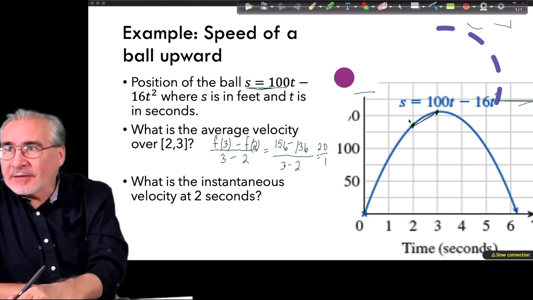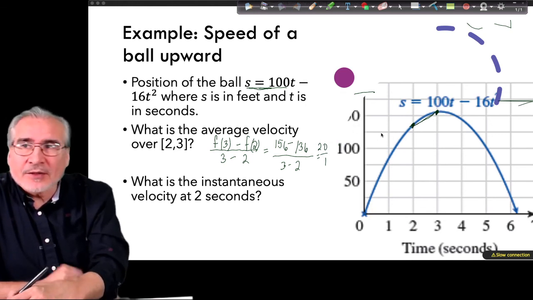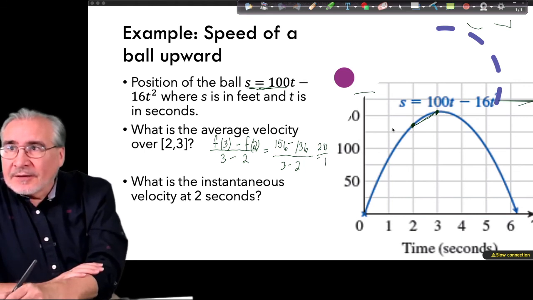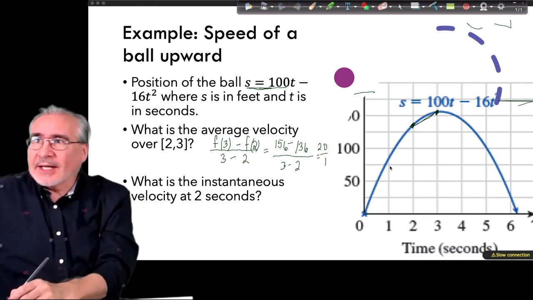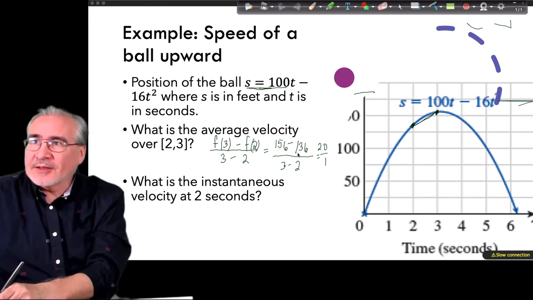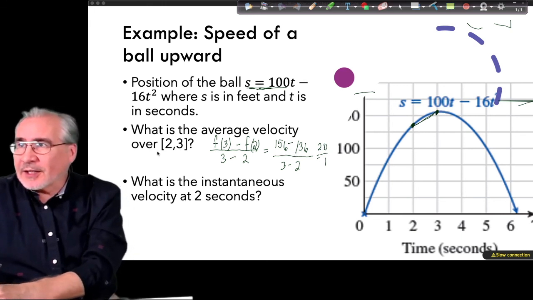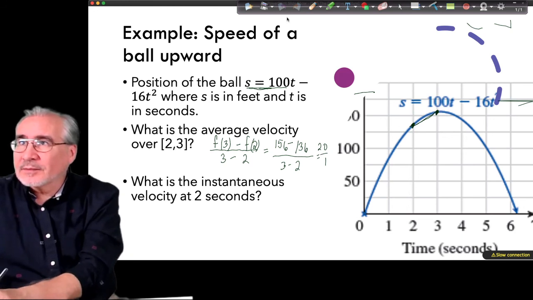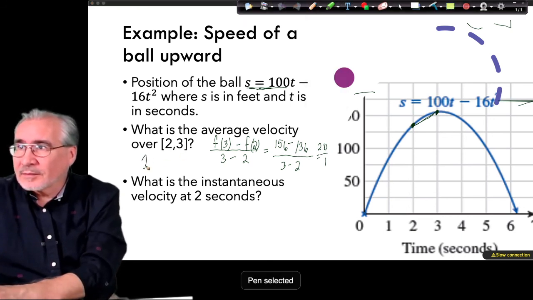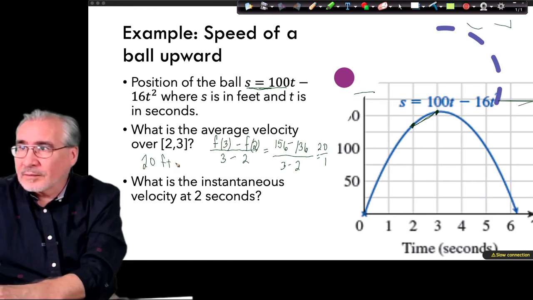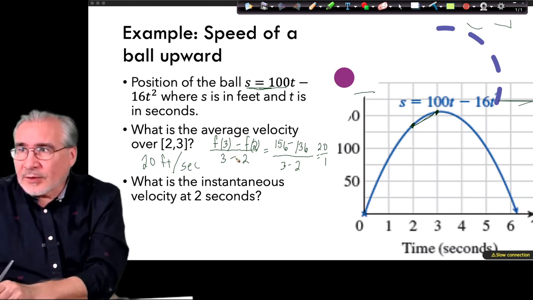They don't give us good, easy values to see, but it looks about accurate. Okay, yeah, 156 minus 136, so it's 20 feet per second. That's the average rate, the average velocity.